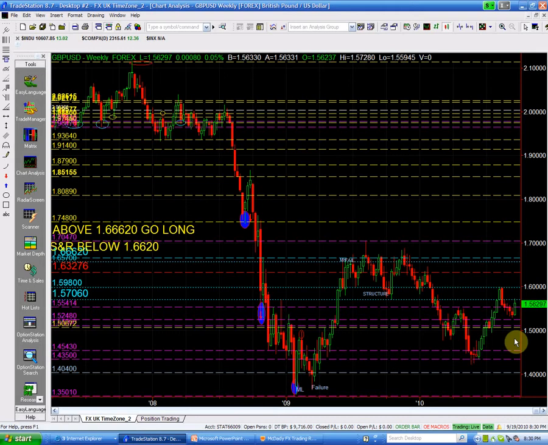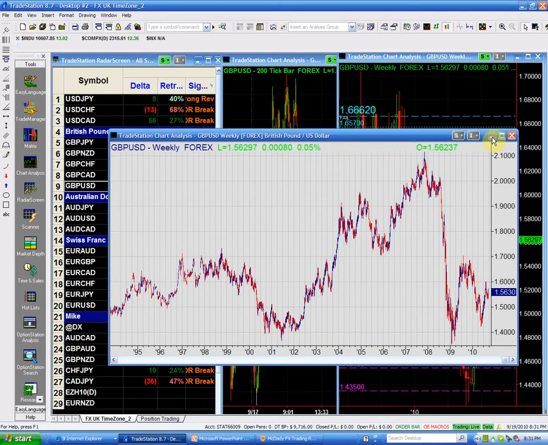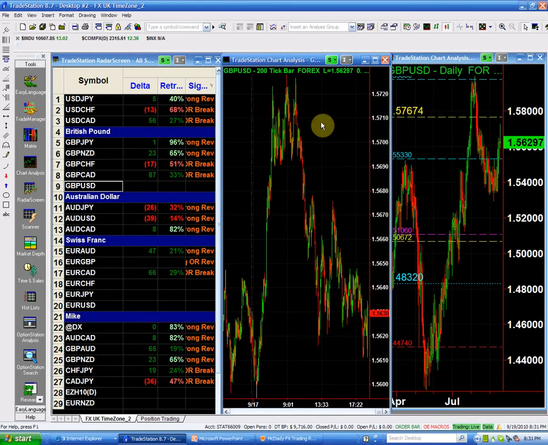You might see the pound selling off against the dollar, and rallying against the yen or against the Swiss, again, because they are the two weak currencies. So let's see if we have a good entry signal for the pound dollar on the daily chart or the intraday chart.